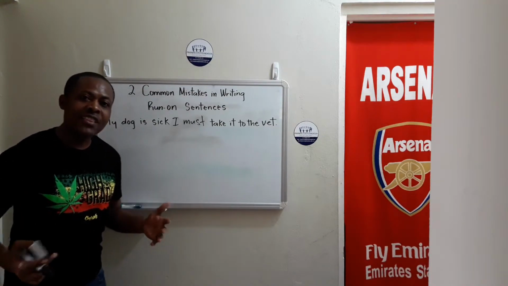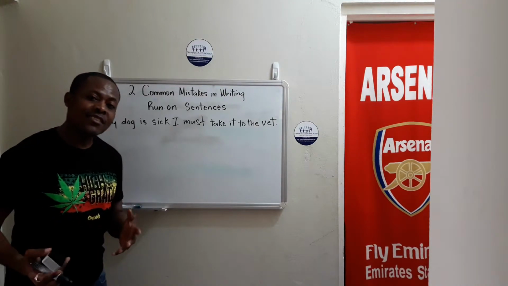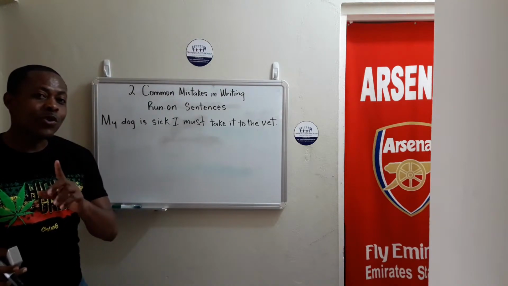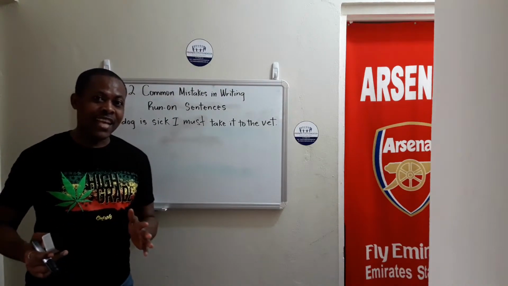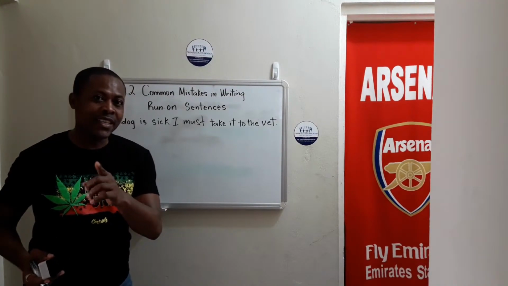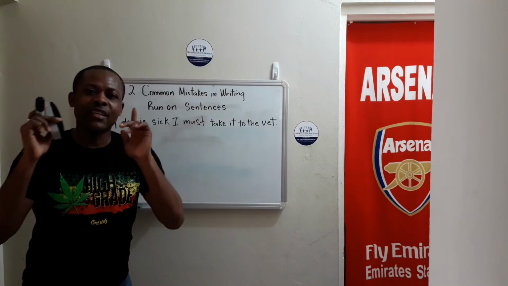There is nothing that is used to connect both ideas. This is a common error. And we see this also a lot in text messaging, especially on social media. You know what I'm talking about, right? Avoid that practice. It is an error in English.